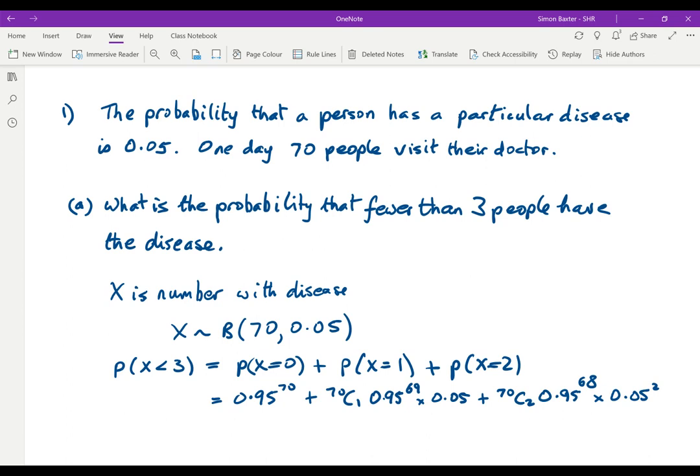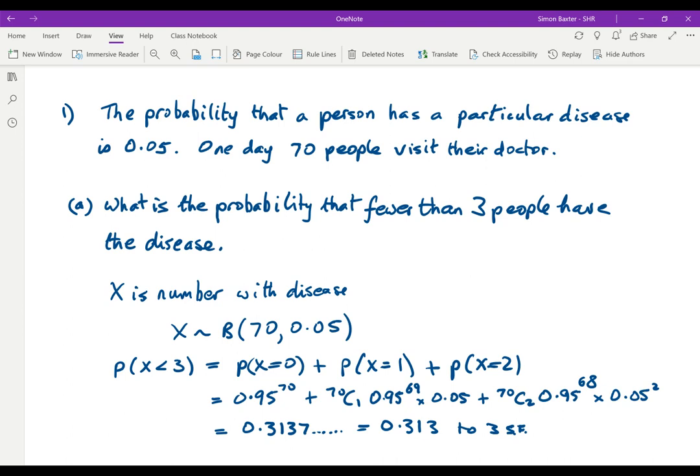Press the buttons on the calculator and we get 0.3137, etc. So we give 0.314 to 3 significant figures.